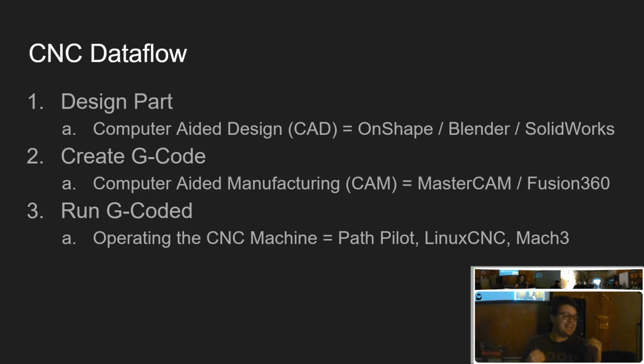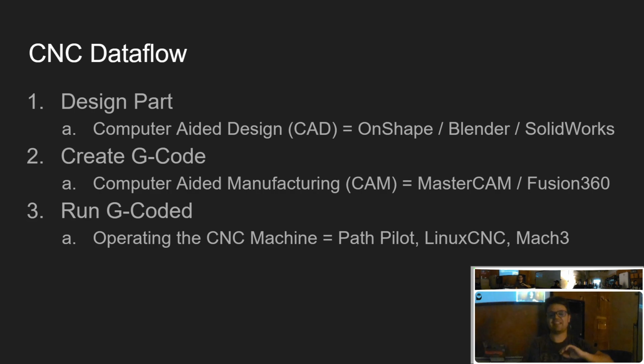And this, again, is yet another place where there's a bunch of different competing softwares and ways to do it. There are a lot of softwares that actually run on the CNC machines for interpreting the file that you hand to them, of which PathPilot, Linux CNC, and Mach 3 are all common and used everywhere, but every single CNC machine manufacturer has their own proprietary one that will come on the machine too.